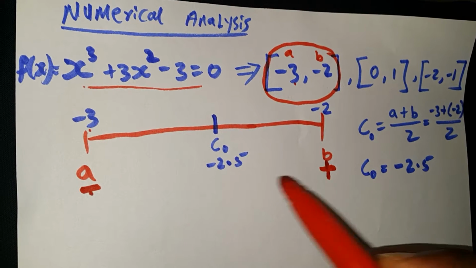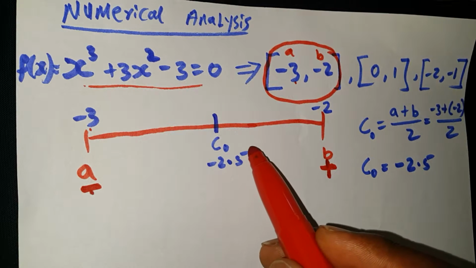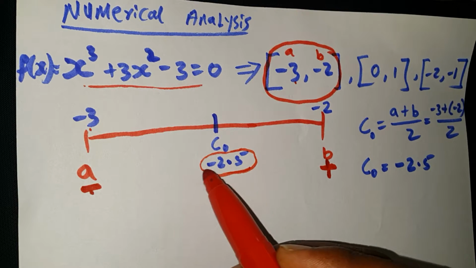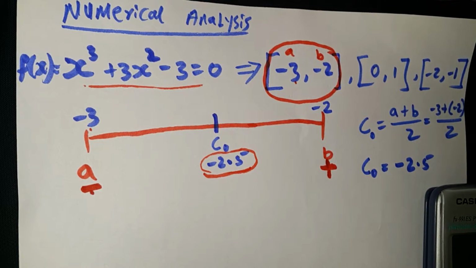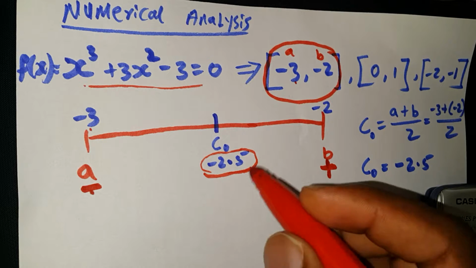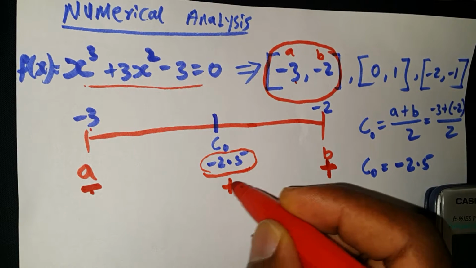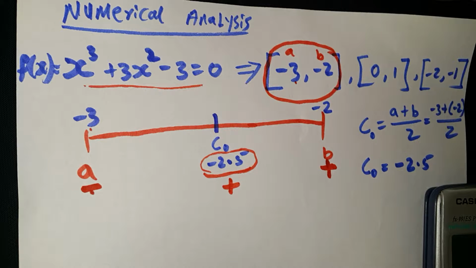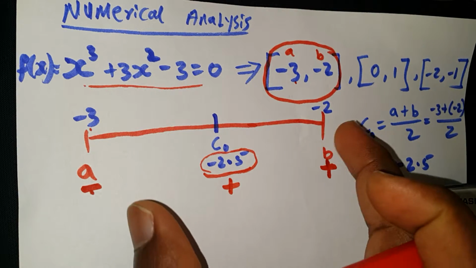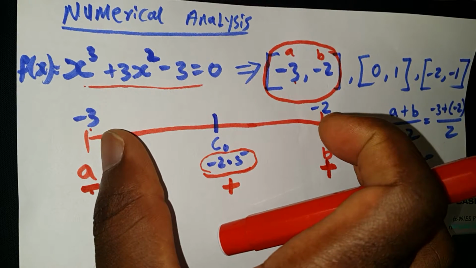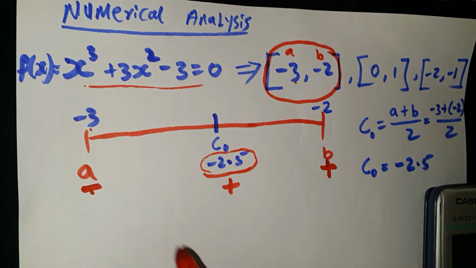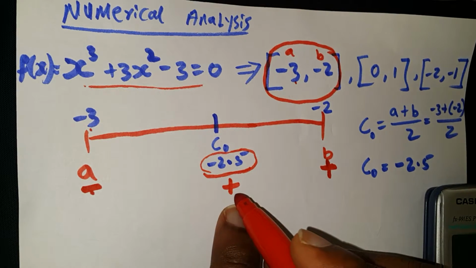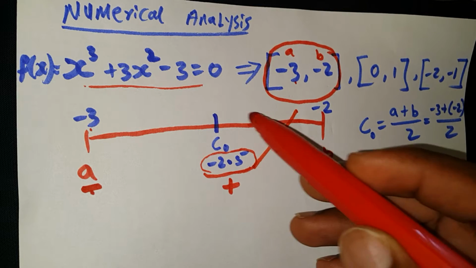Now, you solve for C and then put the value of C into the function. If you put it, it will give us positive. As I said, you can't solve in an interval that is positive, positive. You have to solve negative, positive, or positive, negative. Here, if you look at this place, you will see that it is positive, positive, which means this place will not work.